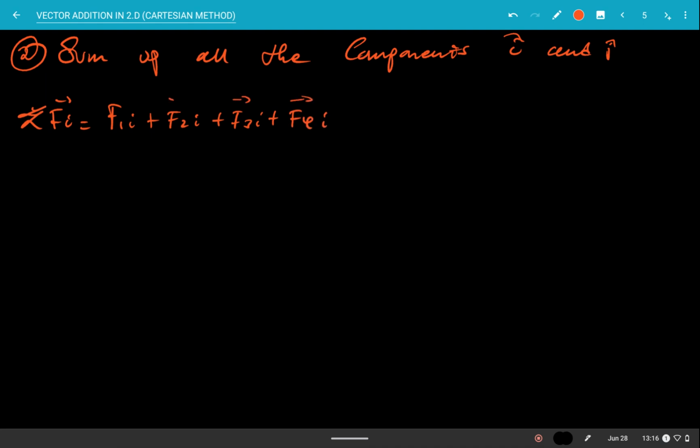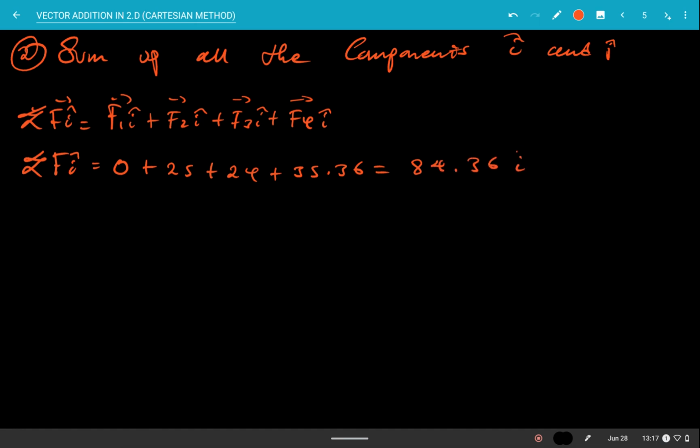So all these are vectors like that. So sum of the forces in the I hat is equal to, we're having 0 plus 25 plus 24 plus 35.36, and this will give us 84.36 in the I. Then we sum up the forces in the j.